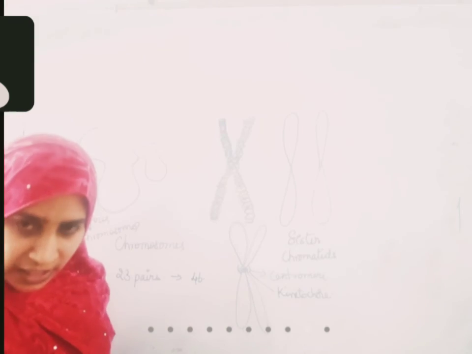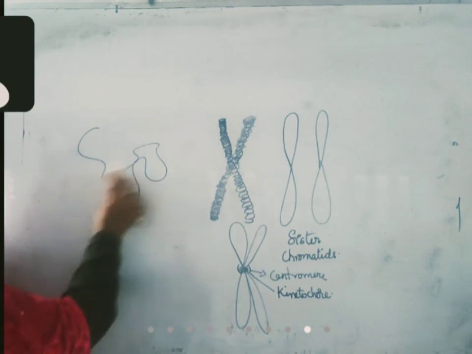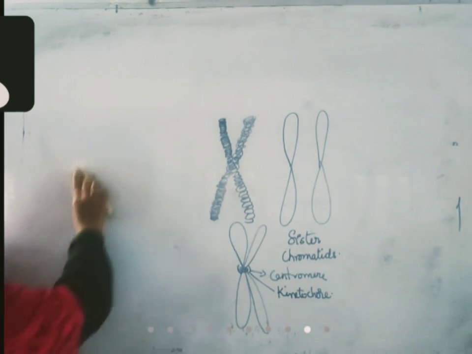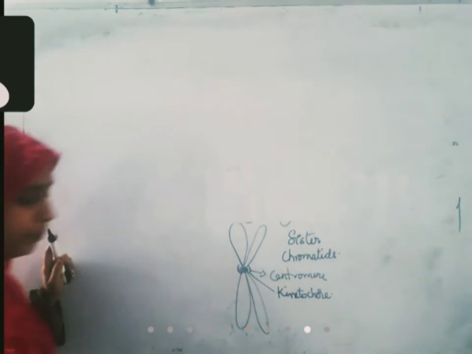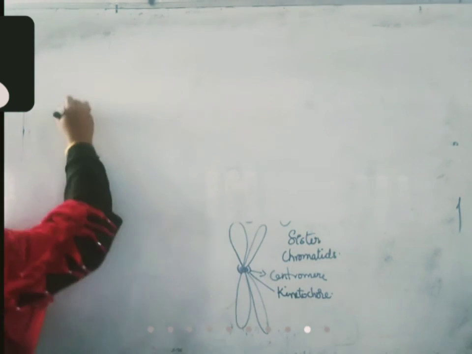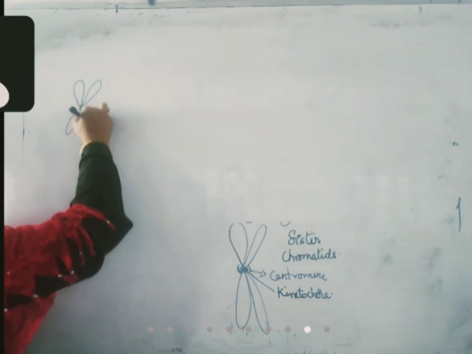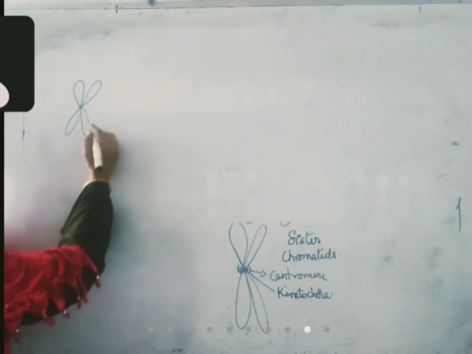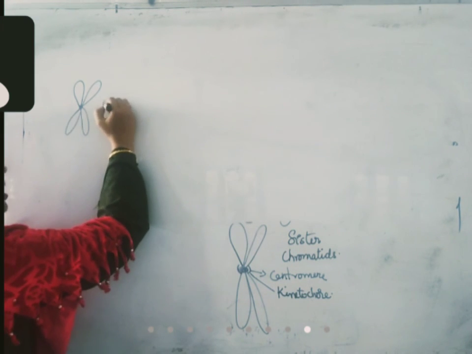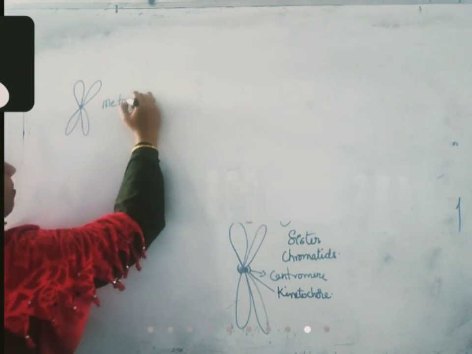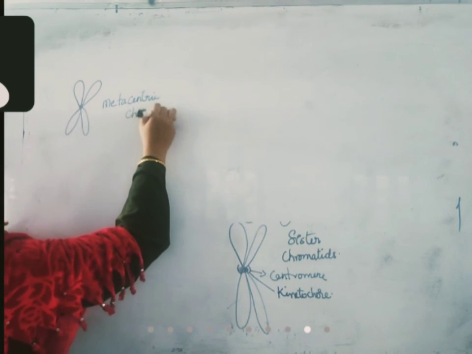Based on the arrangement of the kinetochore, chromosomes are classified into four types. When the length of arms of sister chromatids is equal, it is called a metacentric chromosome.